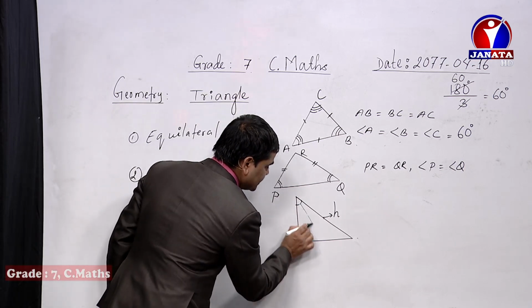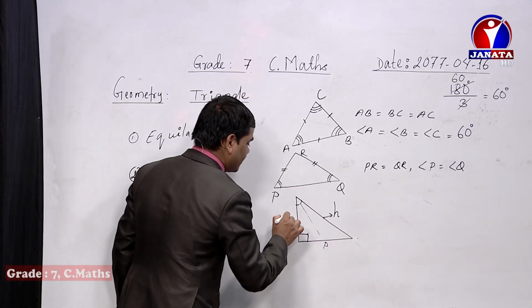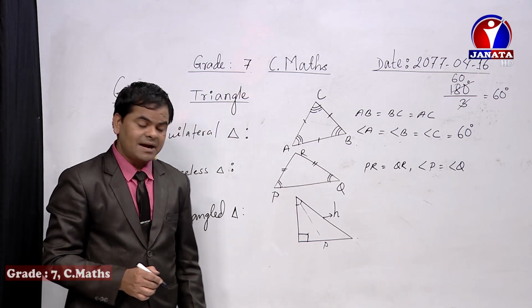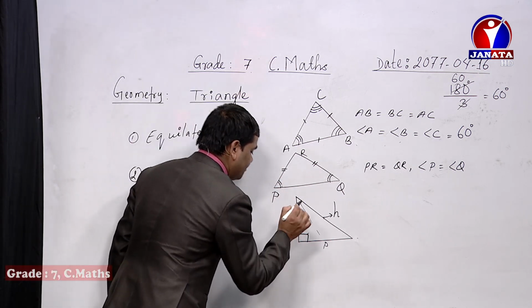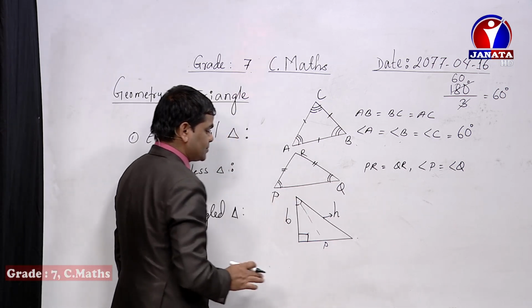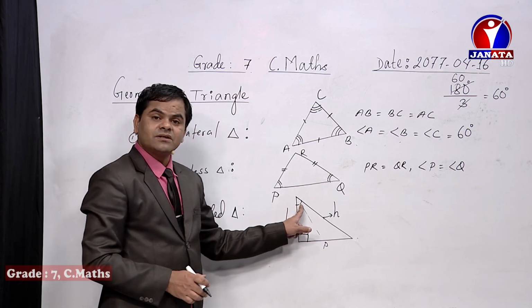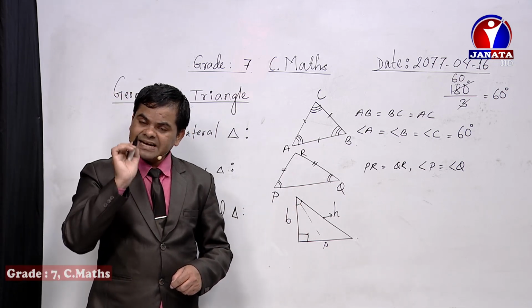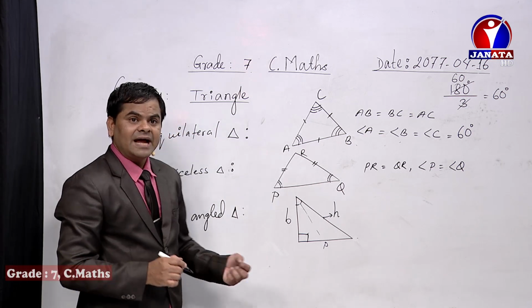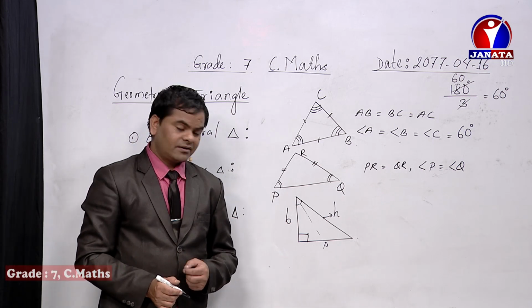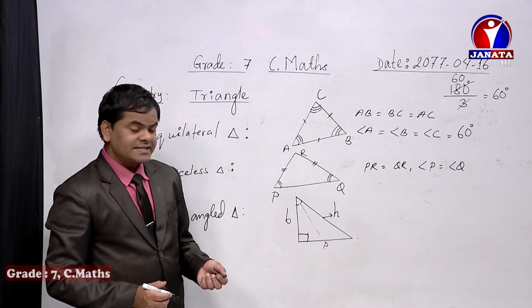The remaining one among perpendicular, base and hypotenuse becomes the base. But if the reference angle is not given, then the vertical side is the perpendicular and the horizontal side is the base. That's the concept of right angle triangle.